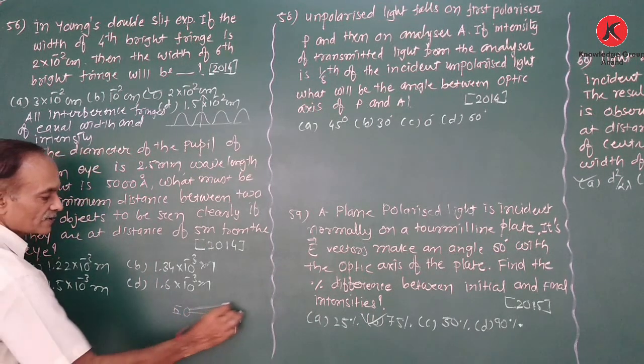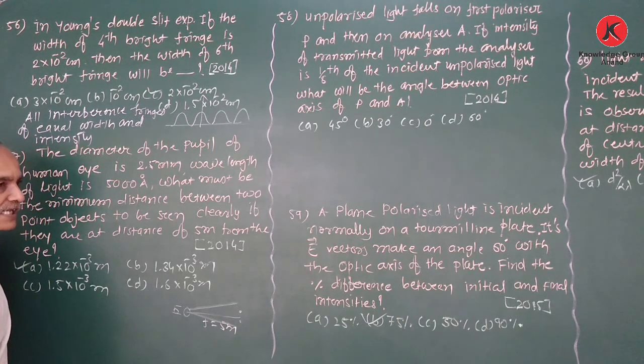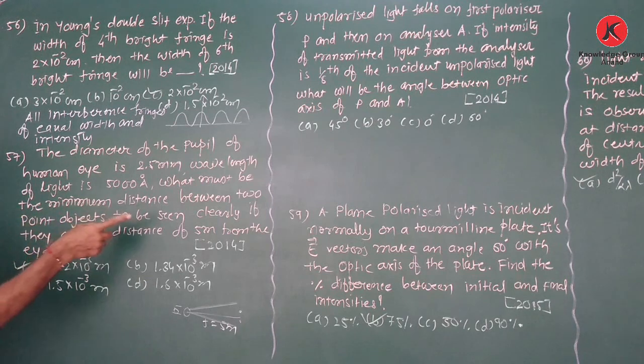The wavelength of the light is used. Therefore, we are using the equation x is equal to 1.22 lambda upon d. Right? Okay. Therefore, what we have to find out is the minimum distance.